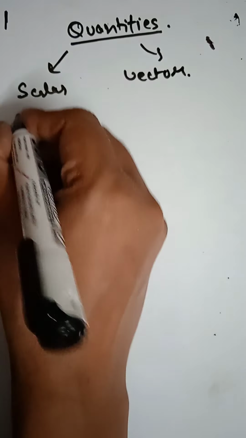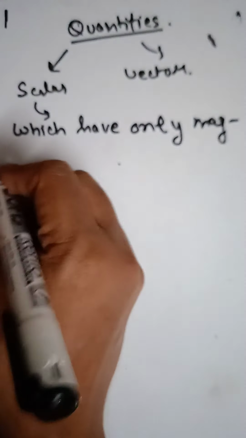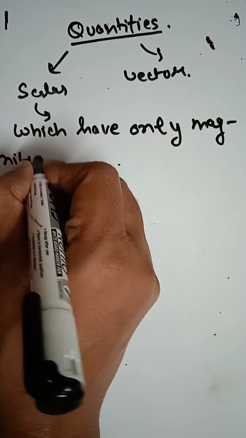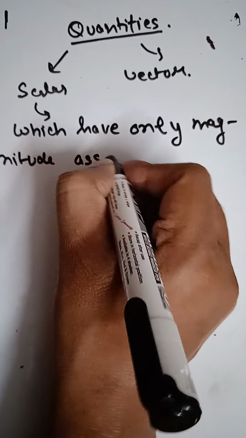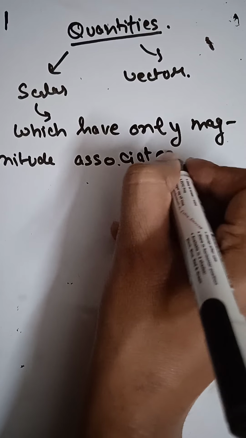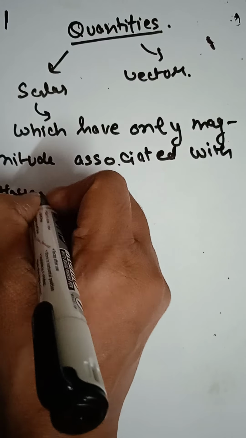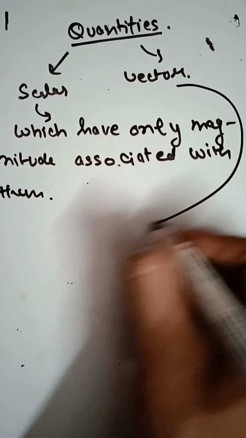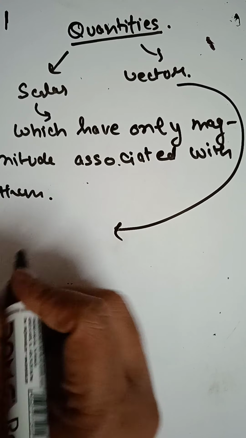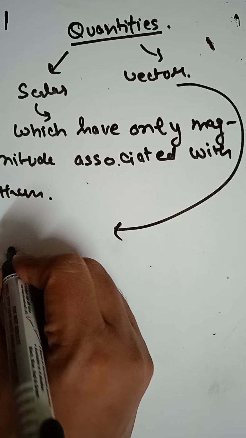Scalar quantities are those which have only magnitude associated with them. Vector quantities, they have both magnitude and direction.